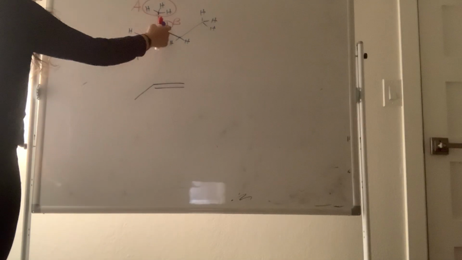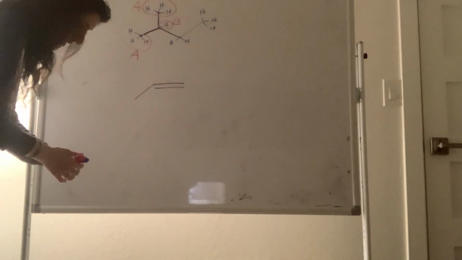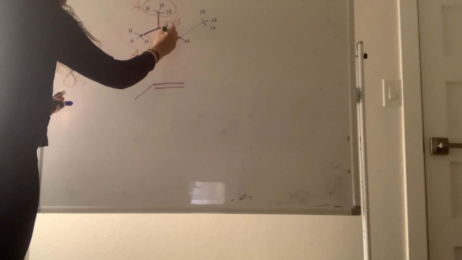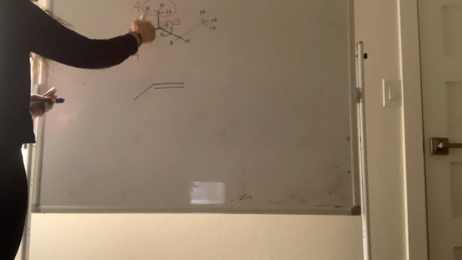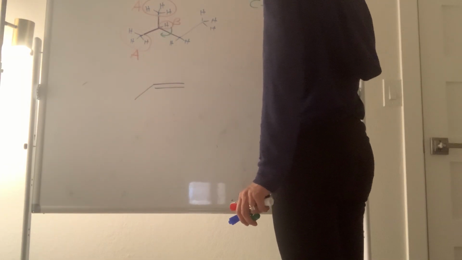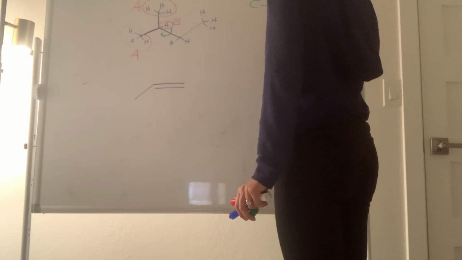You guys are good so far? And again, keep in mind, there's also free rotation going on. Do you agree? There is free rotation for a carbon-carbon single bond. These are rotating all the time, so these are definitely equivalent to each other. Okay, so I'm going to write this down. I want you to keep in mind that a carbon-carbon single bond has free rotation.